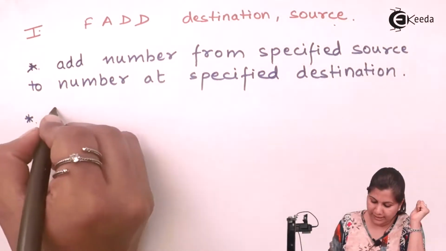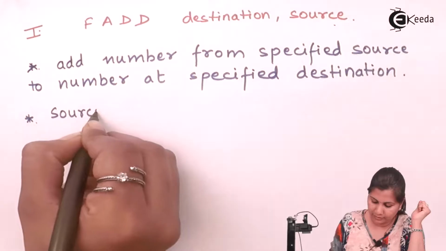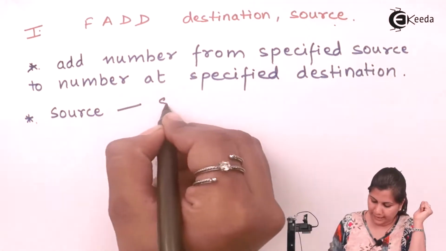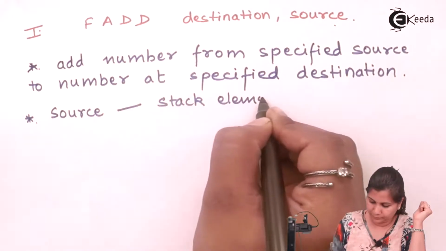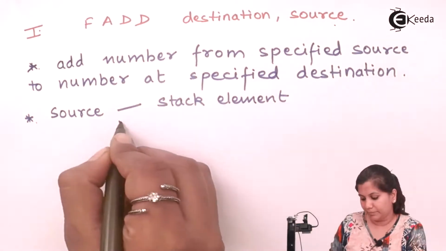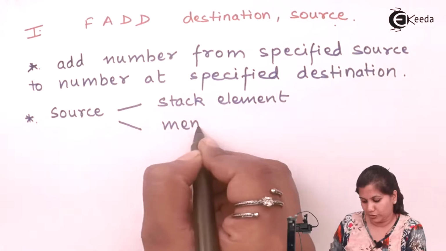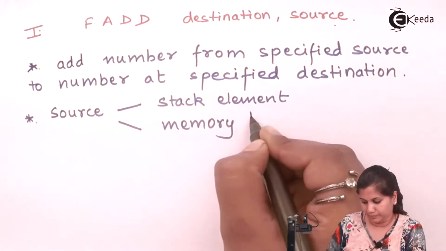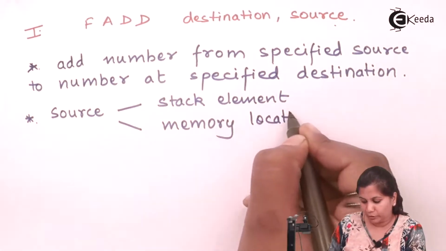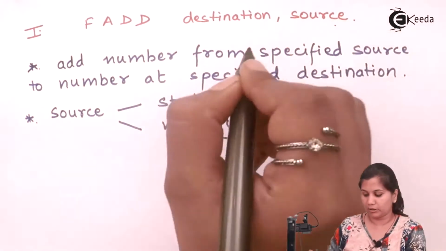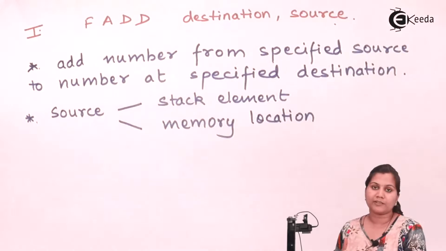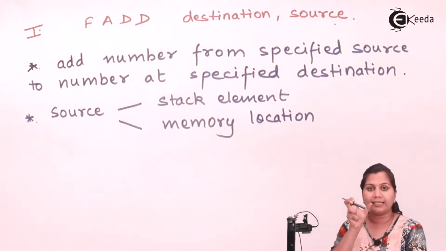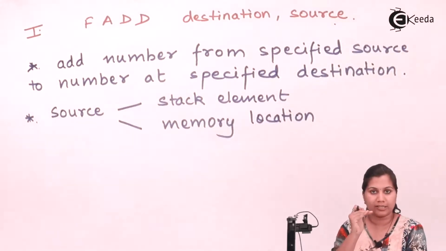Now the source can be either a stack element or a memory location. So directly a memory location can be specified or the stack element can be specified. Because we know that in 8087 we have the stack. In the stack we have 8 registers.